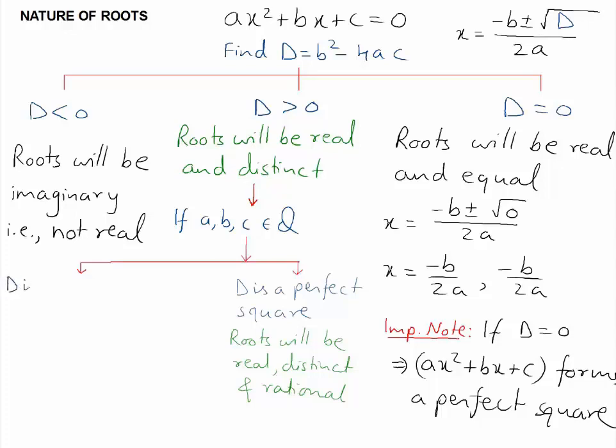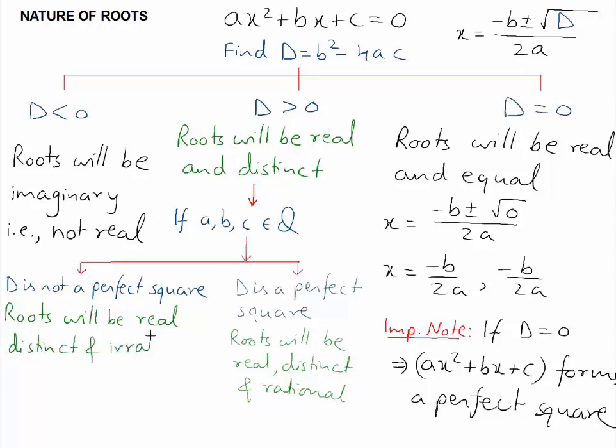If D is not a perfect square, then roots will be real, distinct, and irrational. This is because if D is not a perfect square, the square root will not completely go away.